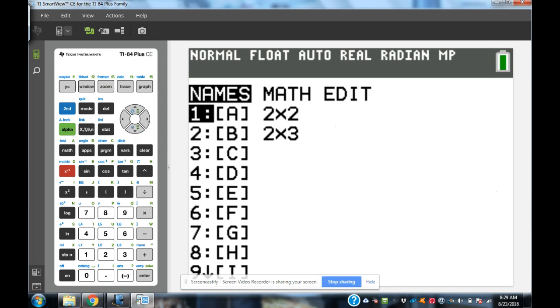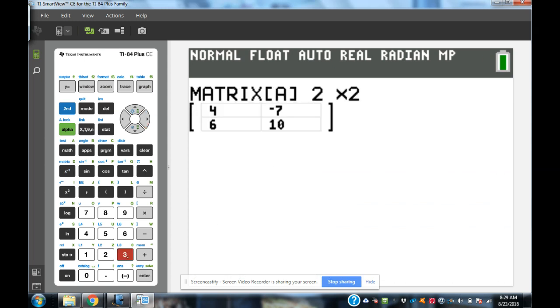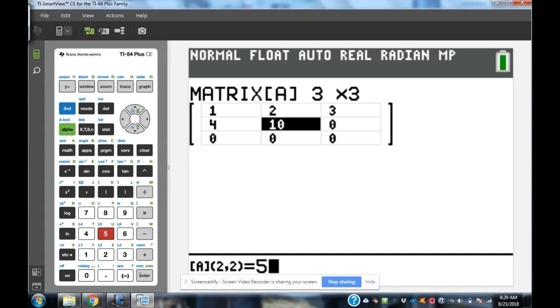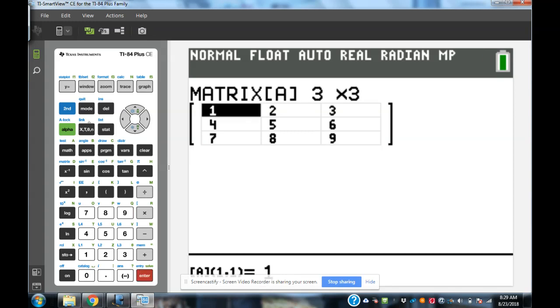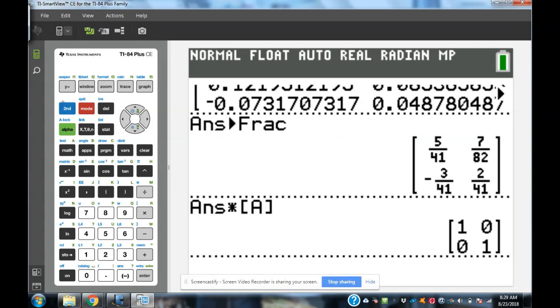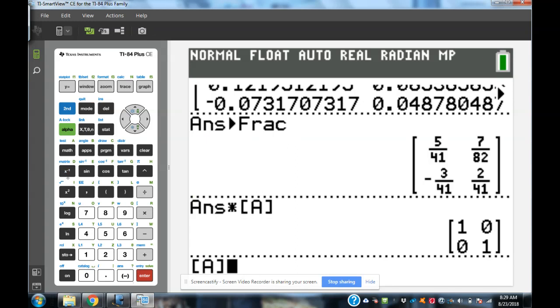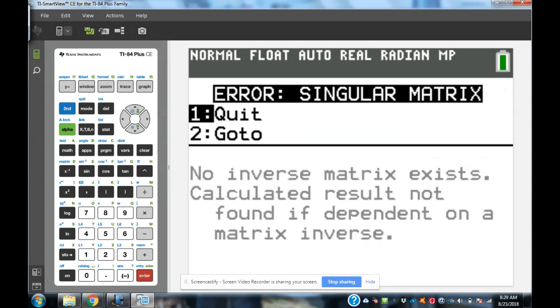That one's easy to remember, that's why I picked it. I put in the 3 by 3 and then grab that matrix and hit the inverse.